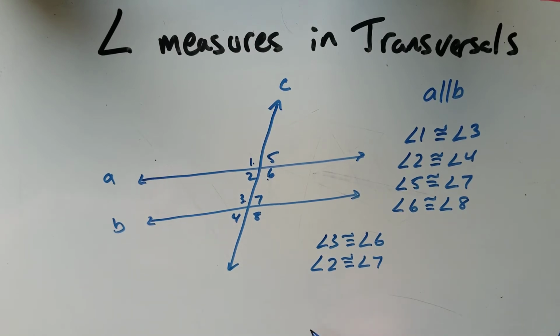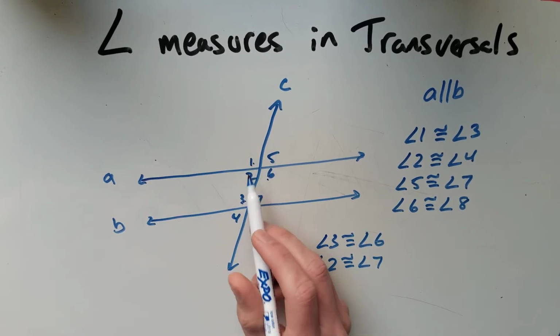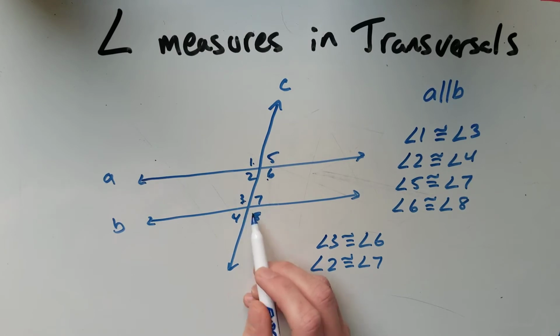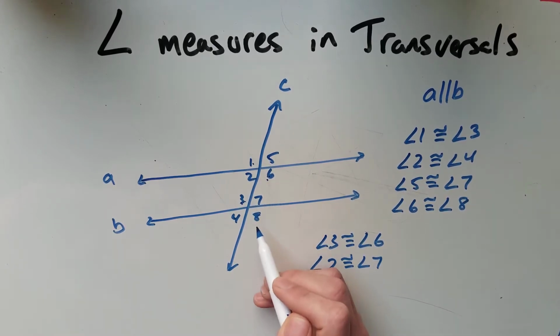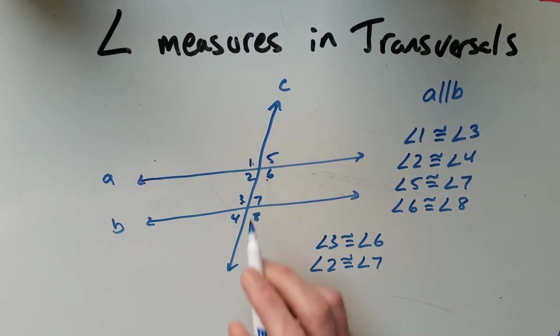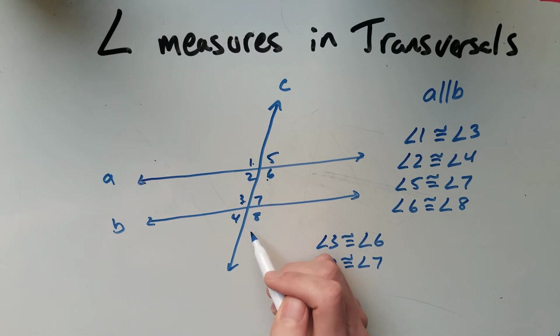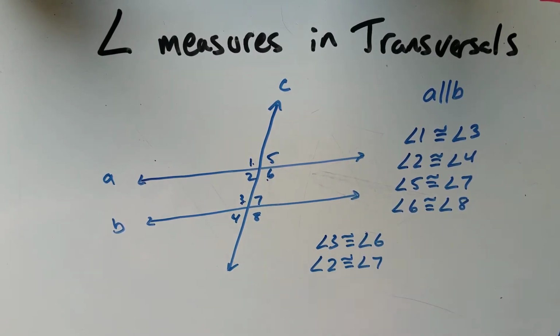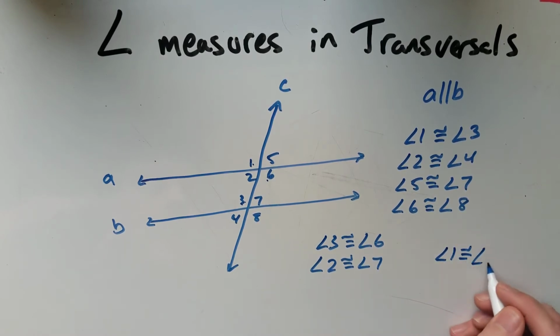And we can even go a little bit further than that as well, and we can look at angle 3. We said angle 3 is congruent to angle 1, and if we use vertical angles here, angle 3 is also congruent to angle 8. So therefore, if 1 is congruent to 3, and 8 is congruent to 3, well then 1 is congruent to 8. And these two angles have the relationship that they're alternate exterior angles. So angle 1 is congruent to angle 8, and that's because they're alternate exterior angles.